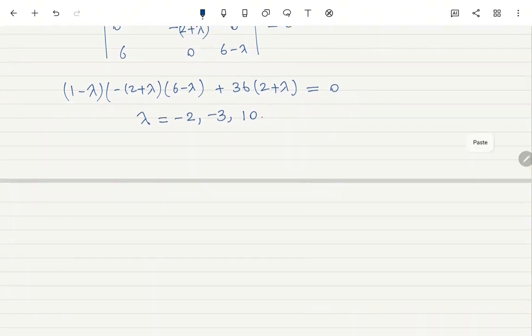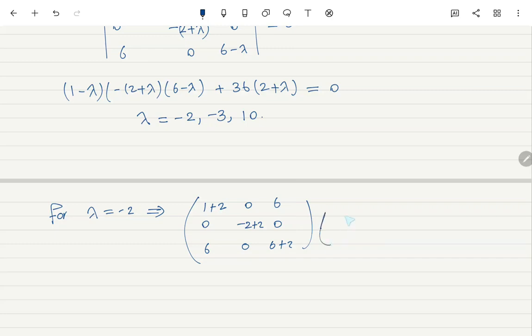Now let's find the eigenvector corresponding to lambda equal to minus 2. For lambda equal to minus 2, then 1 plus 2, 0, 6; 0, minus 2 plus 2, 0; 6, 0, 6 plus 2, times x, y, z, equal to 0.